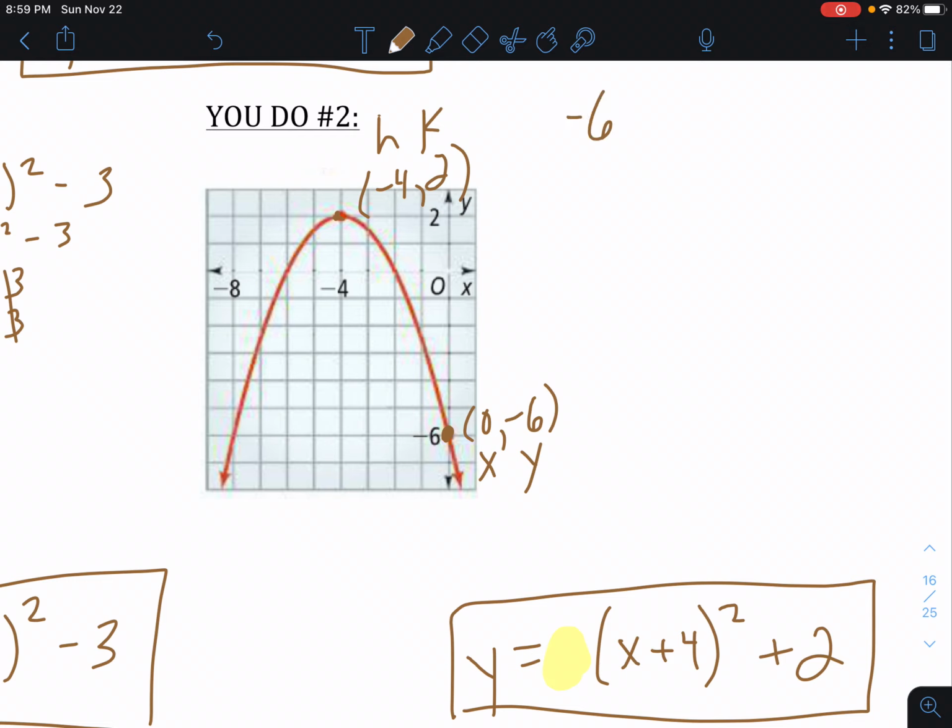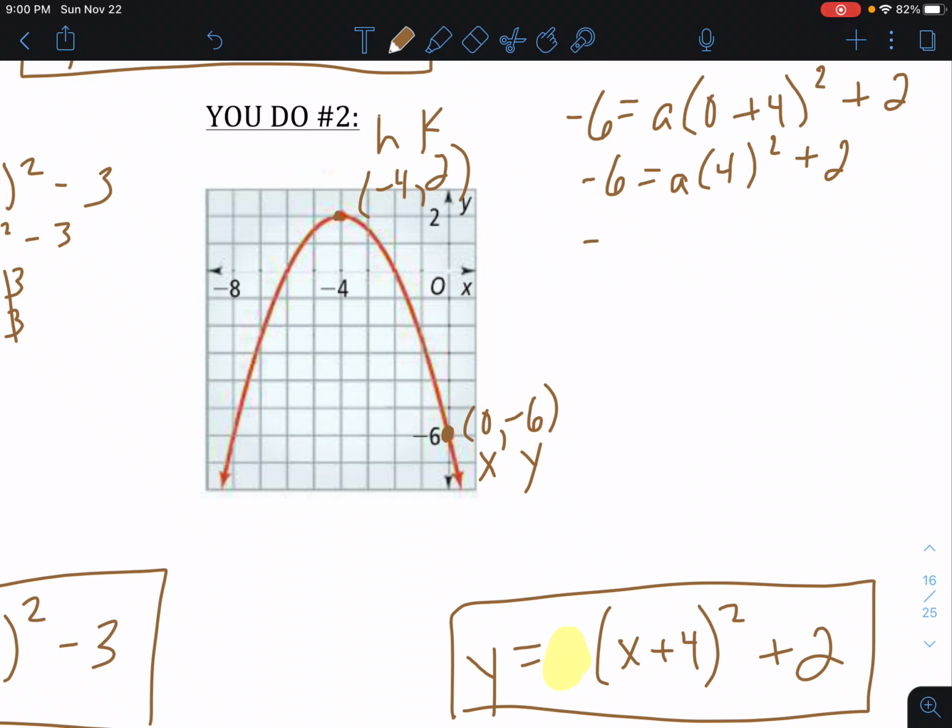So y equals a, parentheses x minus h, double negatives are plus 4, squared plus 2. And I'm going to solve for a. Oh, that was not supposed to be an x plus 4. I should have put in a number there. The x, that point right here, should have been 0. So 0 plus 4 is 4.